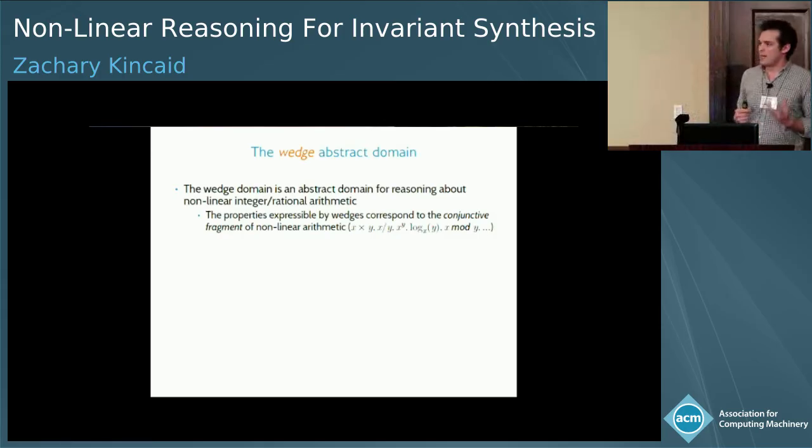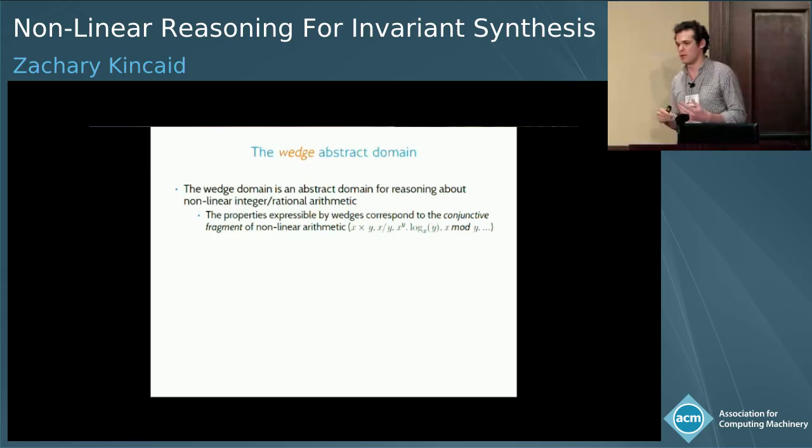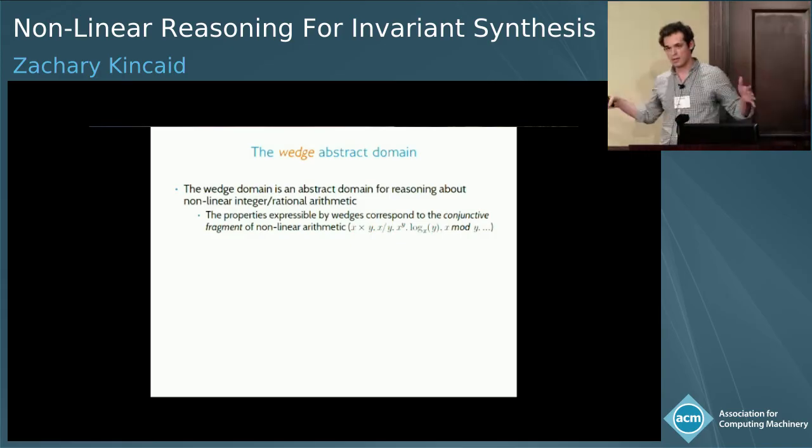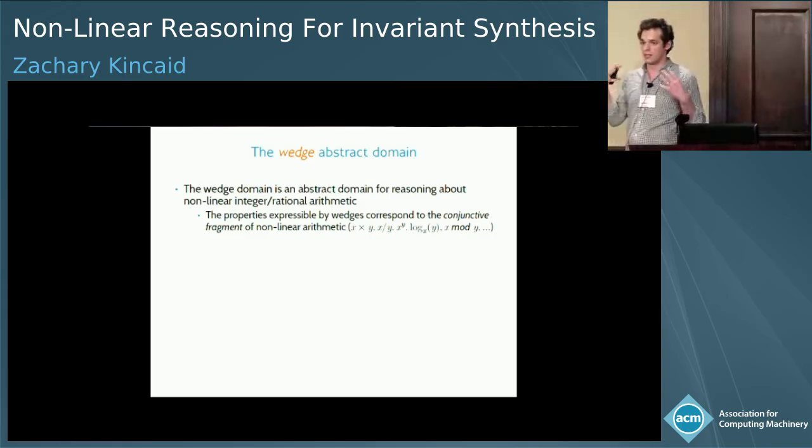Sort of the key piece of technology that we use to extract recurrences is what we call the abstract domain of wedges. So just like you can think of a polyhedron as corresponding to the conjunctive fragment of linear arithmetic, it's just a conjunction of linear equations and inequations, a wedge is the conjunctive fragment of nonlinear arithmetic.